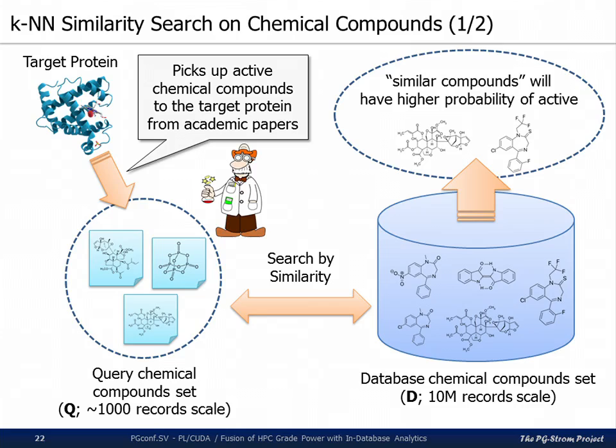Then what we try to do is a similarity search between a set of chemical compounds and another set of chemical compounds, because some chemical compounds are known to be active to a particular protein. These are reported in academic papers.